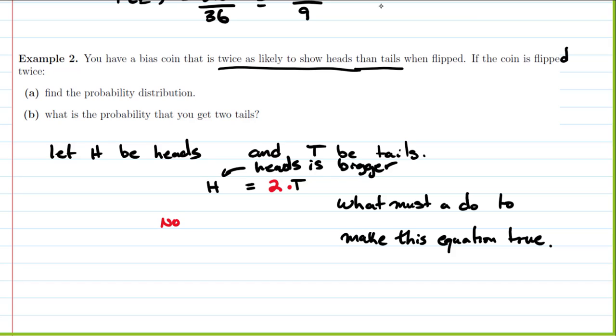So now, they are equal, right? So the reason I point this out is it's very tempting to put the 2 on the other side. Why is that? It says that heads is twice as likely to come up than tails. But if I put the 2 on the other side, I'm already more likely to get heads. I'm just making heads even bigger, which makes the equation, not necessarily more false, but further away from being true, right? So we need to be a little bit careful.